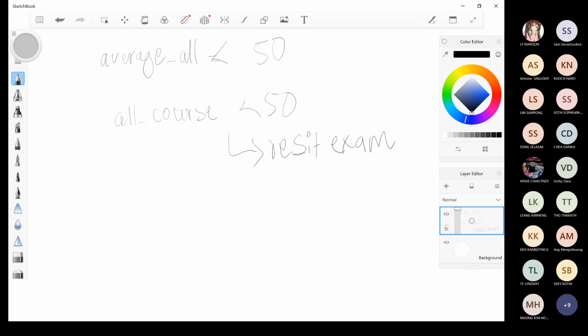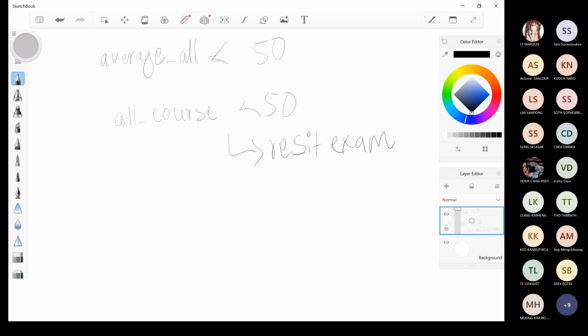If you have the resit exam in our course, when you have a resit exam you get the other scores, with a maximum of 50, except in my course, where we will not have the resit exam. However we make a resit exam, your score will be the same as the score that we put in the system.